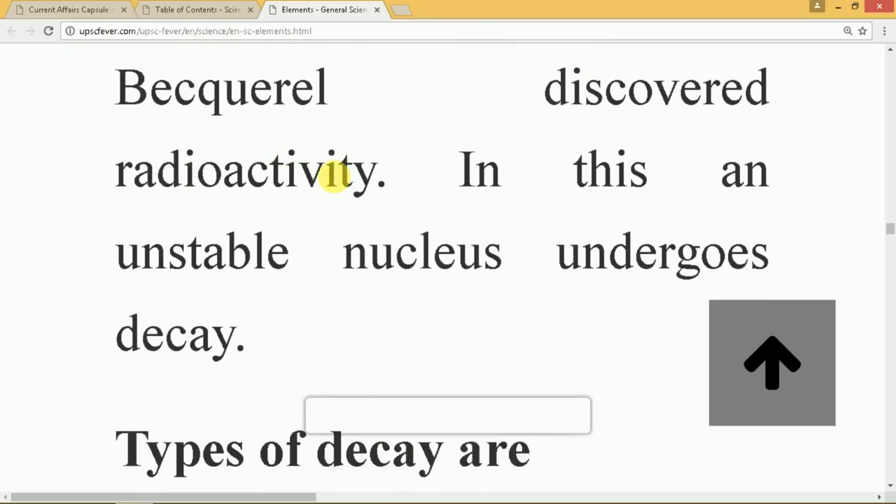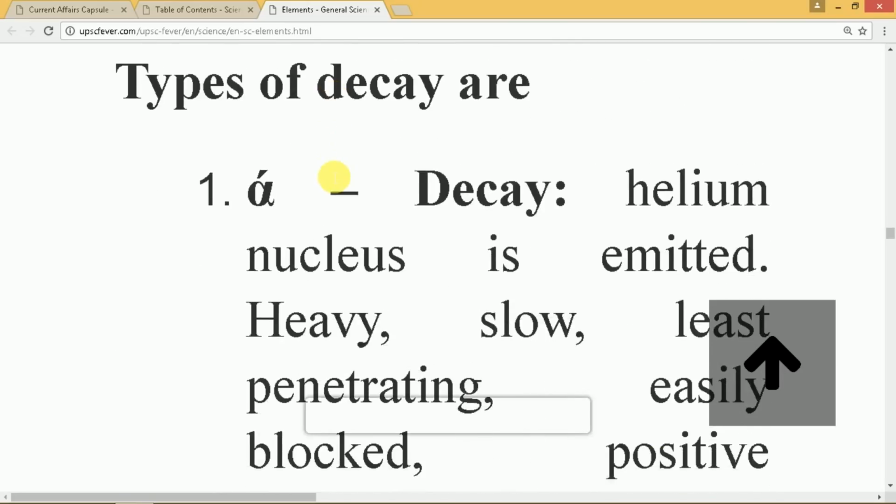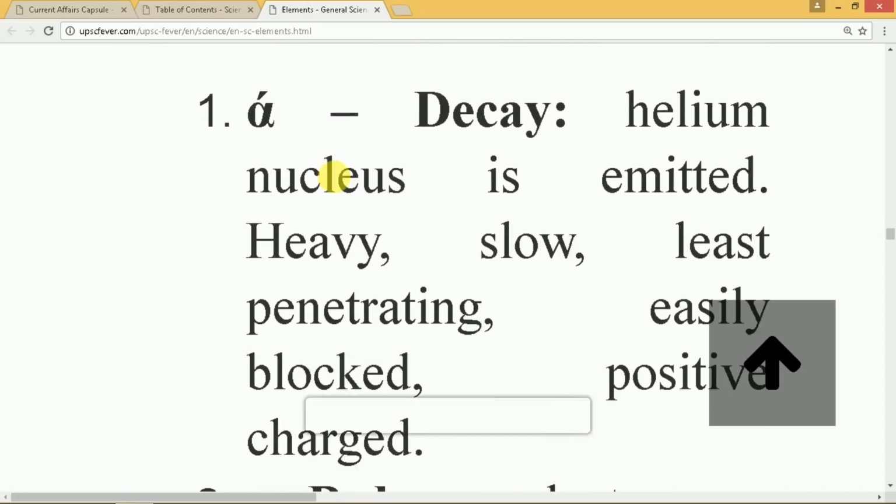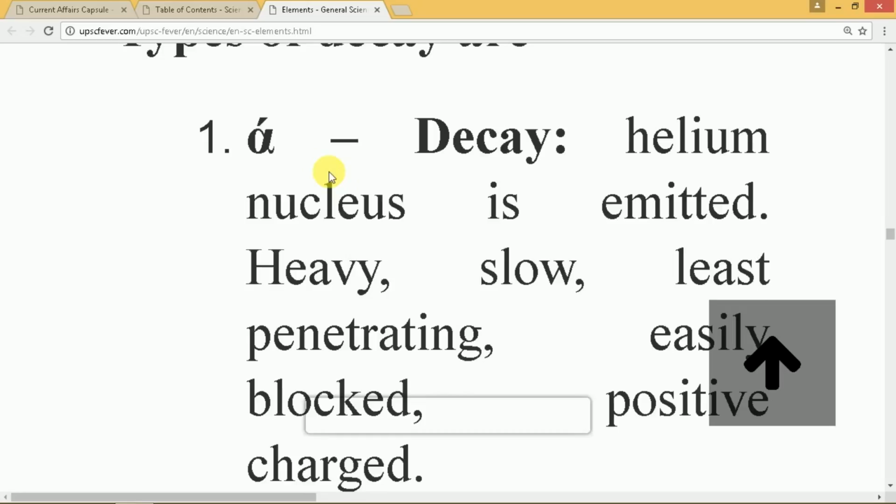And what is this radioactivity and what are the types of radioactive elements? Every radioactive element has a property that it decays and emits certain particles. These decays are of three types. Number one is alpha decay.